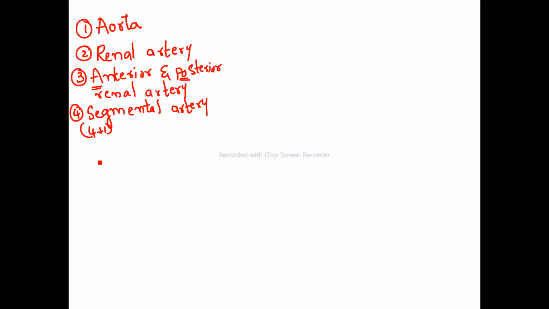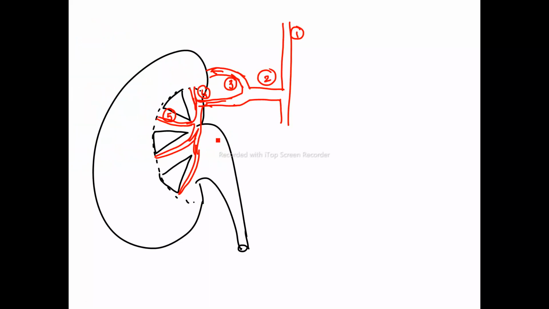So this is the interlobar artery. Where do we find the interlobar artery? We find the interlobar artery in the renal columns. So the space between these renal pyramids is the renal column, where you can find the interlobar artery.